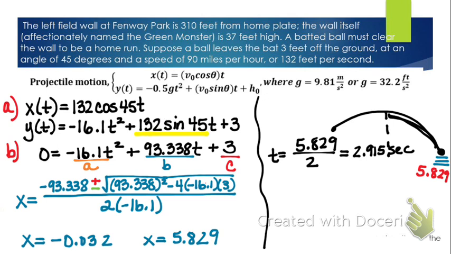So your maximum height, we're still on part B. Part B says we have to figure out the maximum height. We still haven't found that yet. So the maximum height is going to be y equals negative 16.1, and then we're going to take that t squared, and then plus, you can use this 93.338, or you can use 132 sine 45.